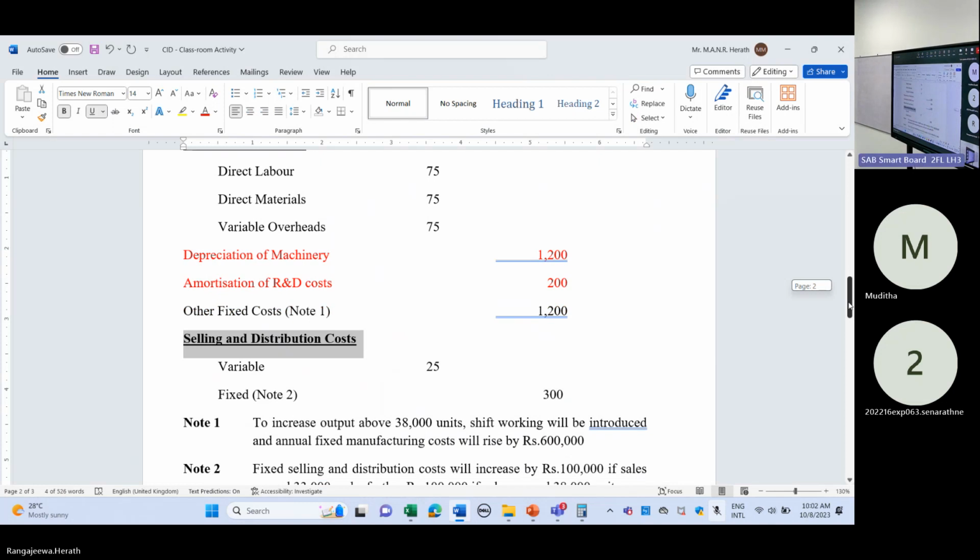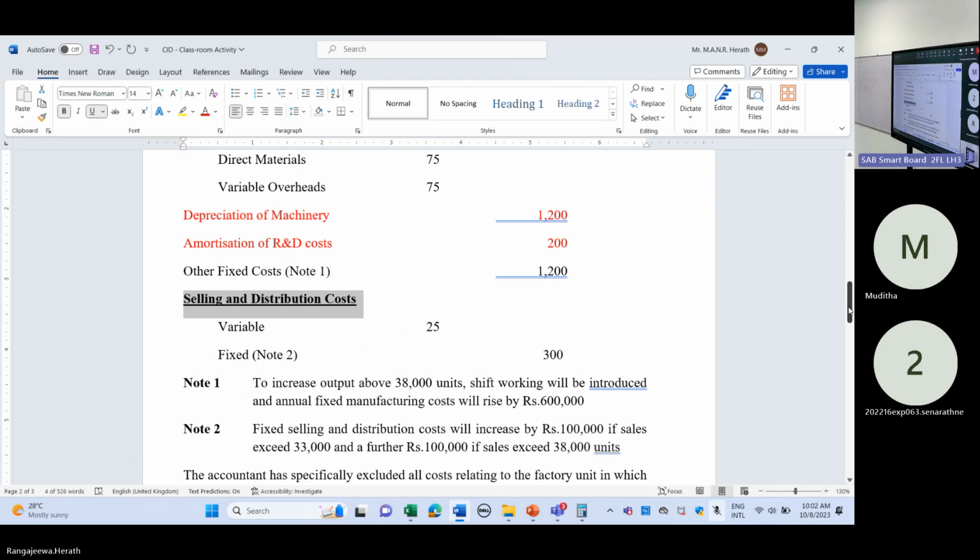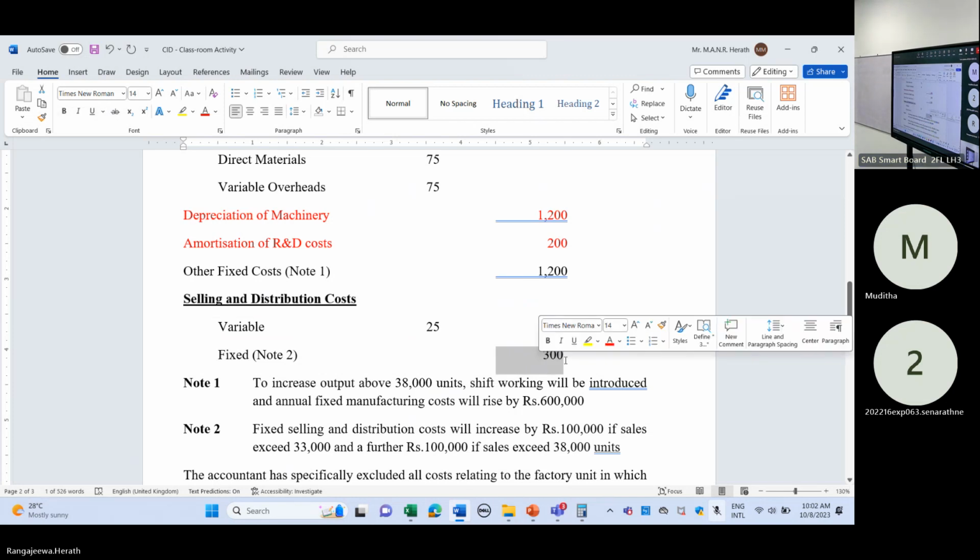Then fixed selling and distribution. Note 2: fixed selling and distribution cost will increase by 100 if sales exceed 33,000, and a further 100 if sales exceed 38,000. The base is 300.